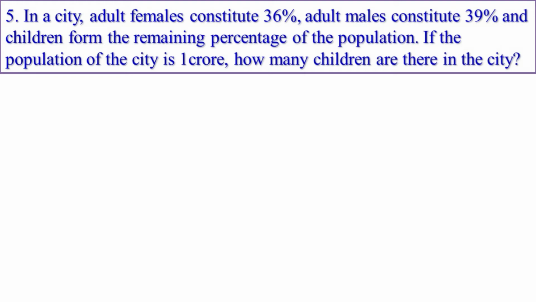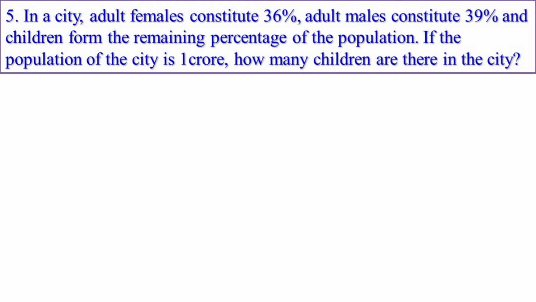Here, they have given a survey in which the female percentage is 36 and the male percentage is 39, and we have to find the percentage of children in the city and the number of children in the city.